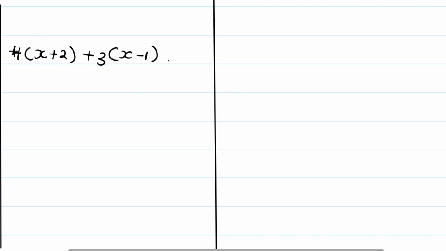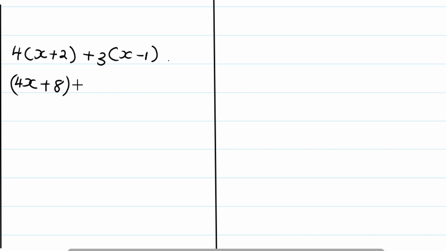In the first question, we multiply everything inside the brackets with the value outside the brackets. So it will be 4 multiplied by x, which is 4x, then plus 4 multiplied by 2, which is 8. And that part is done.